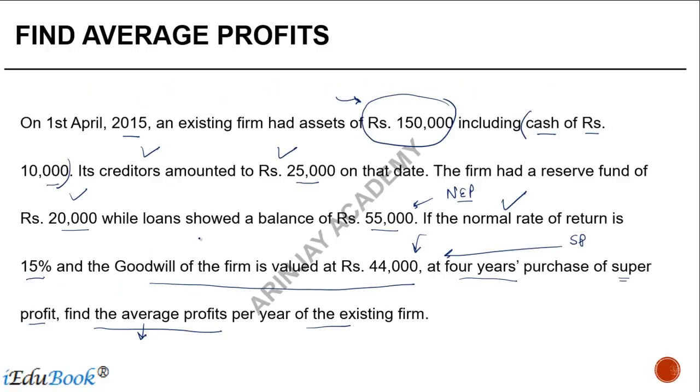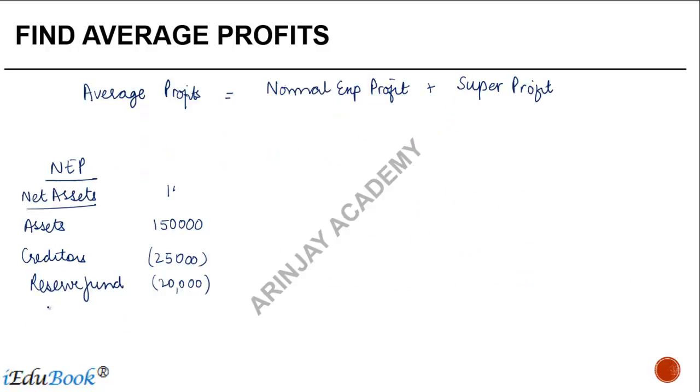Then the loan is 55,000. So when I reduce all these liabilities, the ones in the bracket are the negative numbers, from 1,50,000, right? What I get is 50,000. So the net assets of the firm is equal to 50,000, right?